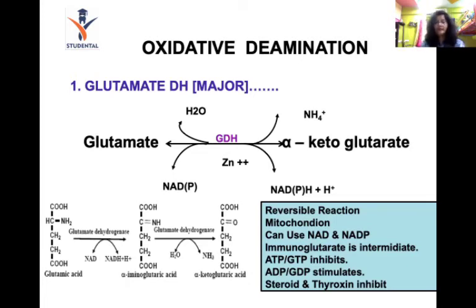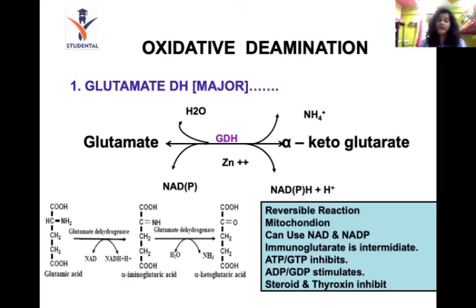So here you can see after the protein rich diet, our blood is full of glutamate. Why? Because the availability of glutamate will inhibit this glutamate dehydrogenase. Even if the cell energy levels are high, like if there is a more amount of ATP or GTP, it will also inhibit this enzyme glutamate dehydrogenase.